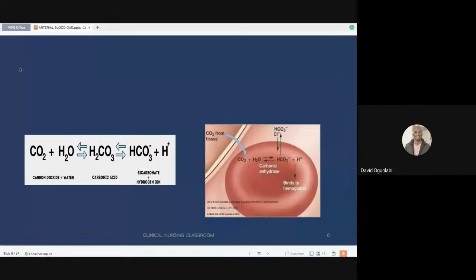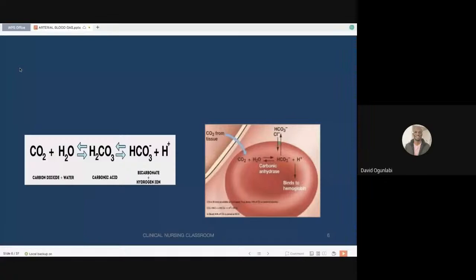And if it is high, it tells you immediately that this patient is in a state of acidosis. This is one thing I want you to understand, because when we start analyzing our arterial blood gases later, you will need this understanding to get it very clearly.